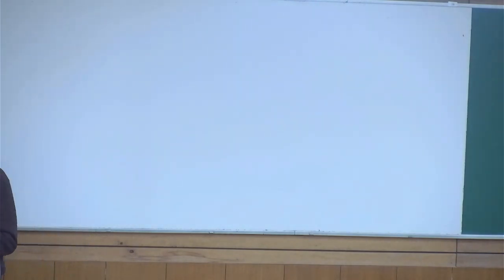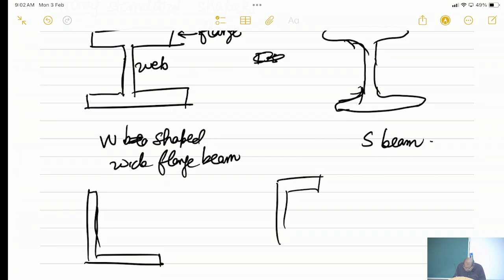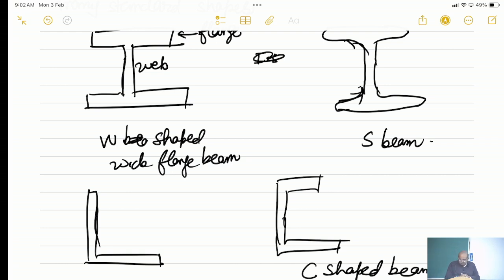Then there are other beams of this shape. This is an L-shaped beam. This is a C-shaped beam. Well, it's called a W shape, I think, because probably two of them were put together.